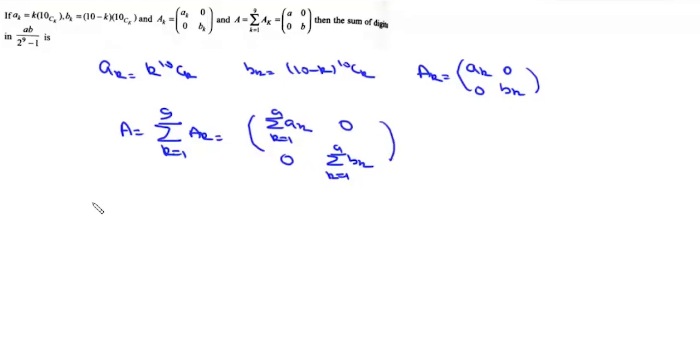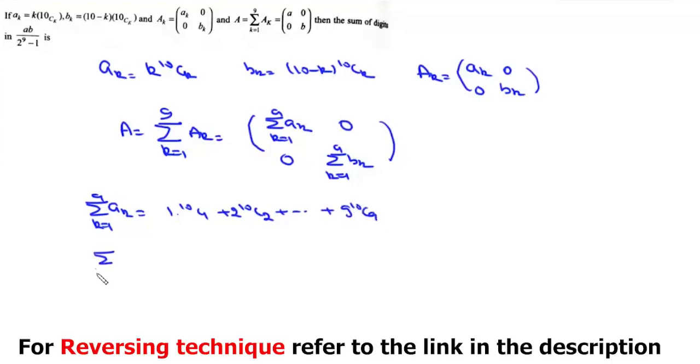Now if we look at this summation AK when K varies from 1 to 9, it'll be 1 into 10C1, 2 into 10C2 and up to 9 into 10C9. We'll reverse the series. So we'll write this summation AK from 1 to 9, and then we'll write the series in reverse, but we'll replace NCR with NC n minus R. So it'll be 9 into 10C1, 8 into 10C2, and here will be 1 into 10C9.